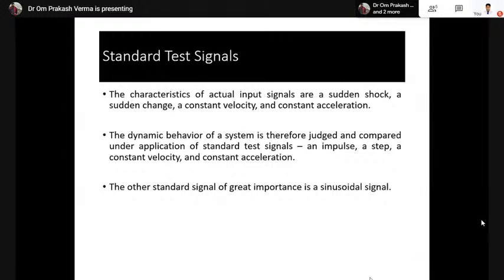We discussed the basic four types of standard test signals: the impulse signal, the step signal, the ramp signal, and the parabolic signal.